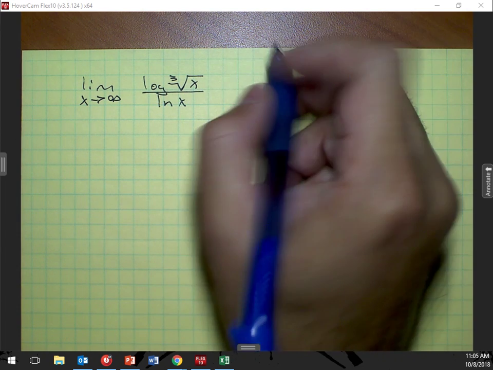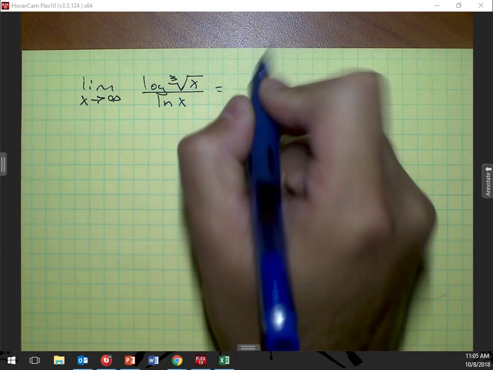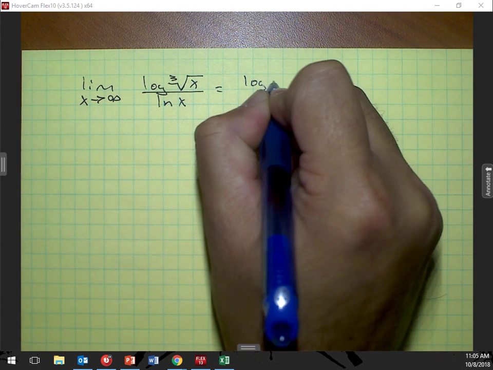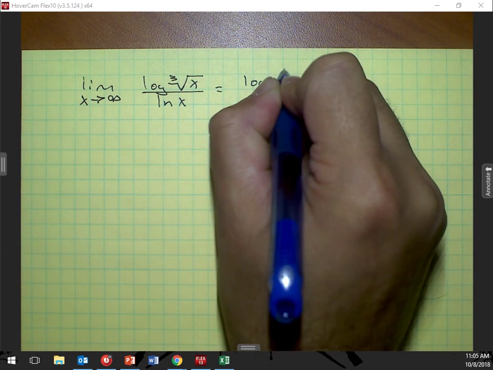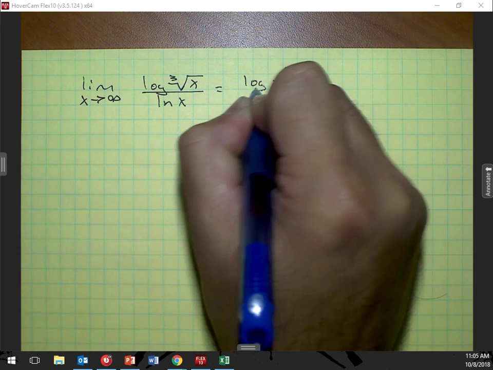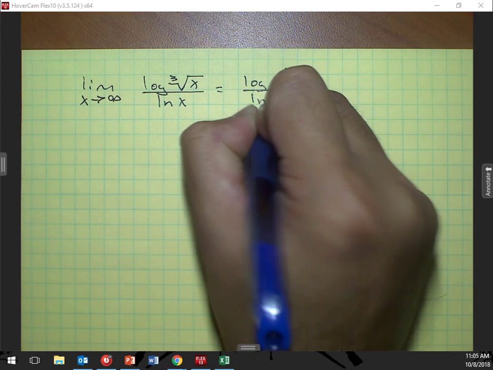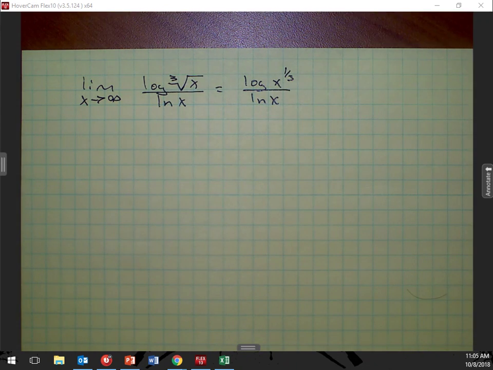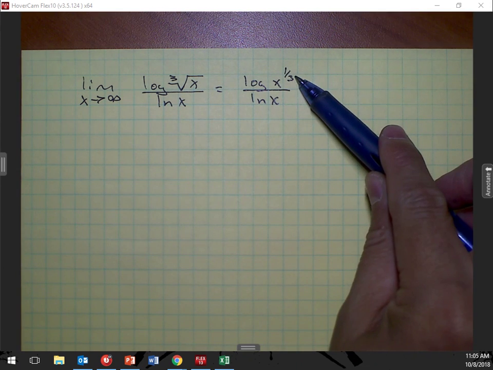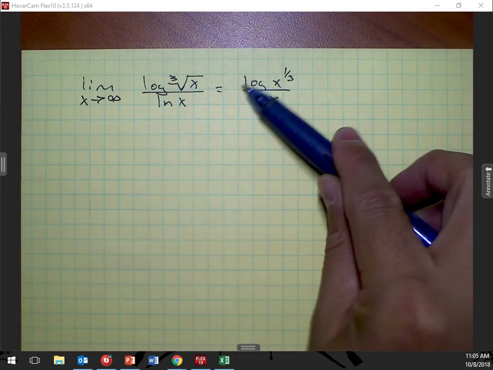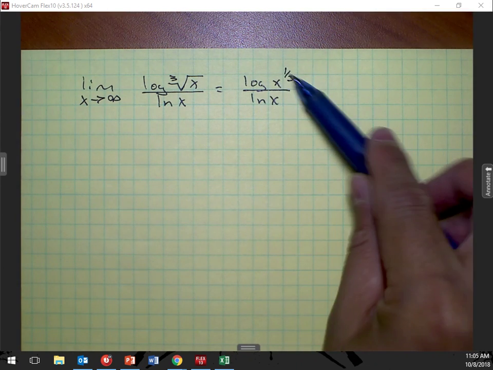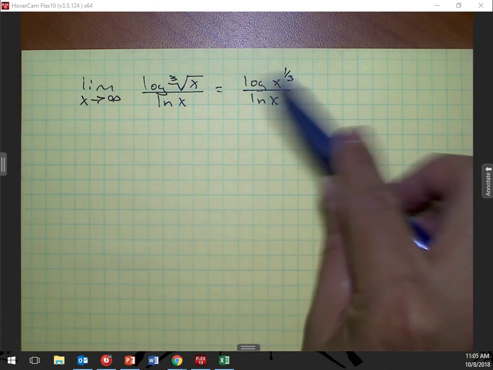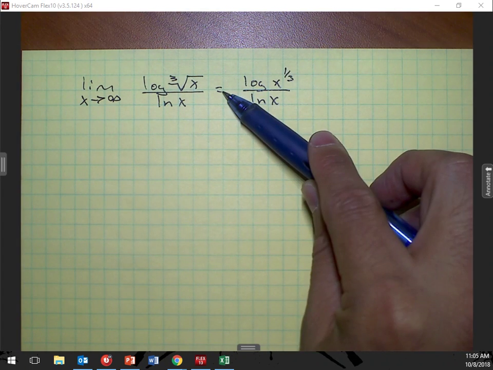Now I'm going to rewrite this first so I don't lose anyone. So isn't this log of x to the 1/3 over ln x? Yes? Okay, good. So now, when I do a change of base, can't the 1/3 come out front?